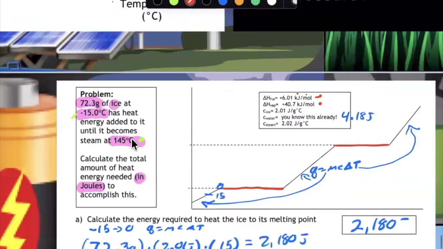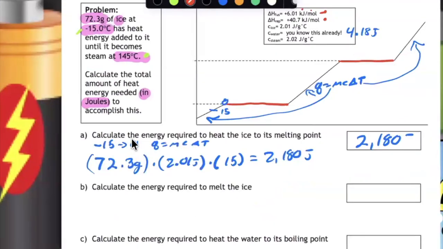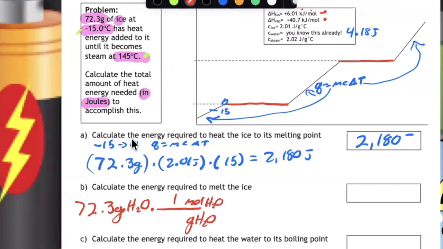Okay, so if I have a mole, I can work with that. So I do not have a mole, but I do have 72.3 grams of H2O. Grams of H2O to mole of H2O. And 1 mole of water weighs 18 grams.